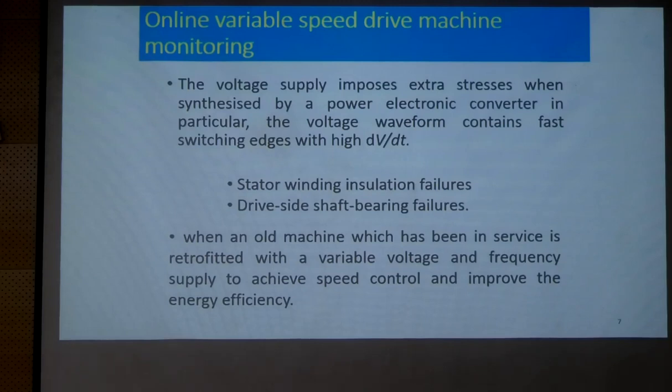Once you change to a different environment, there may be failure of the machine, because it is not designed for that. It has to be designed and properly tested with those standards. Inception voltage levels, thermal stresses, and endurance tests for different ratings of machines have to be conducted. Then only reliability will be achieved.